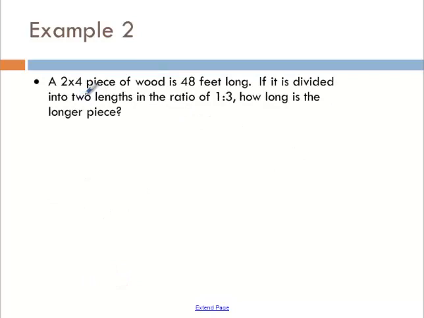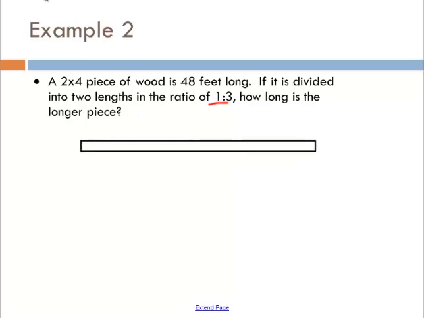Let's look at another one. A 2x4 piece of wood is 48 feet long. If it is divided into two lengths with a ratio of 1 to 3, how long is the longer piece? So we have a piece of wood where the entire piece is 48 feet long.